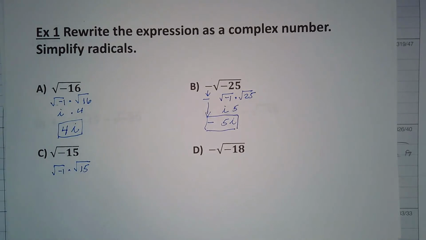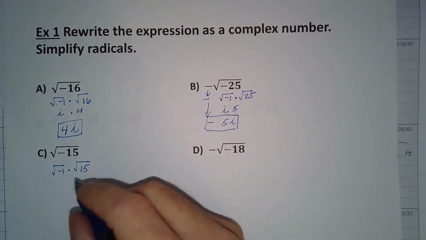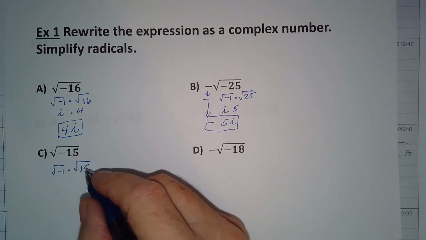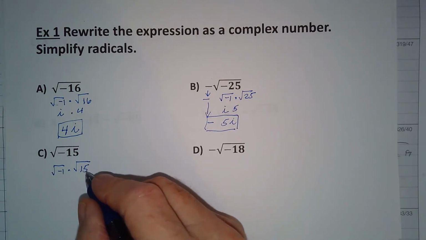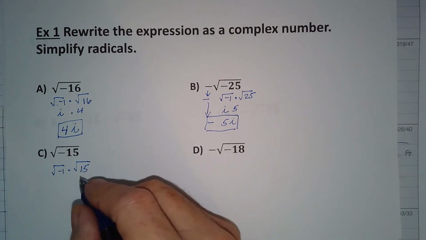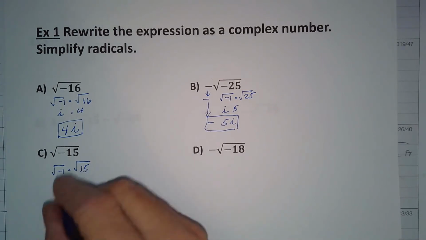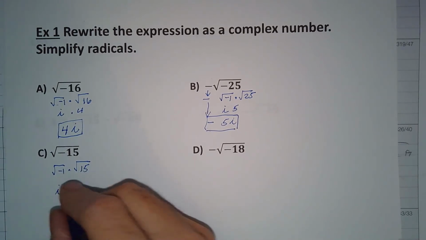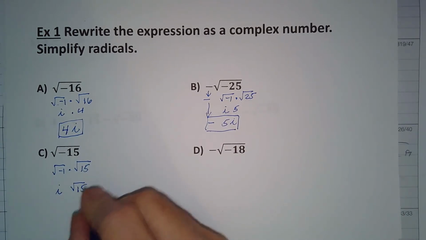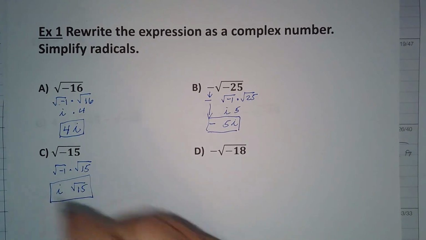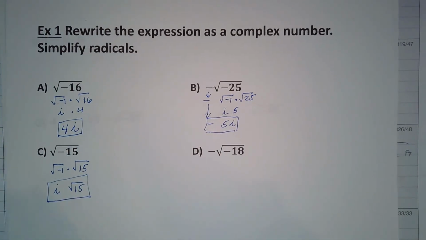So there really isn't anything that we can do with that. So we change the square root of -1 into I like we did before, and we just leave the second one as 15. So this is I square root of 15. That's all we're going to do with it.